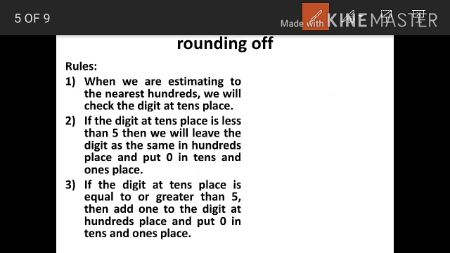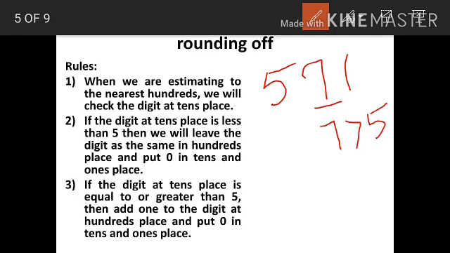So, we'll explain it with an example. Take the number 571. So, the digit at tens place is 7. We know that 7 is greater than 5. So, what do we have to do? We have to add 1 to the hundreds digit.